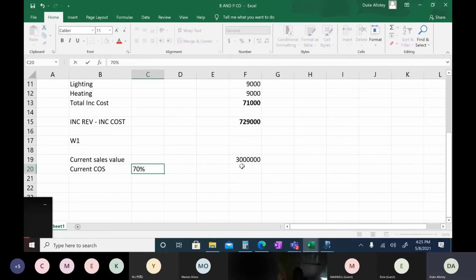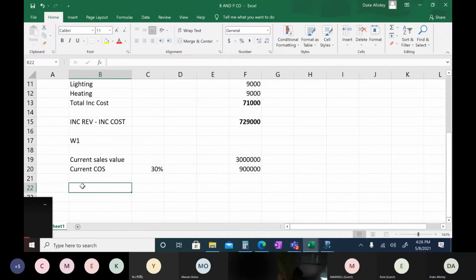If I want to write it here, I write it equal to 0.7 multiplied by this. Oh no, 0.3, isn't it? 0.3 multiplied by this. So cost of sales is 30%. My apologies.